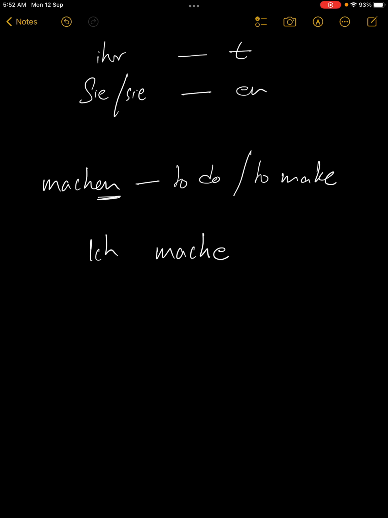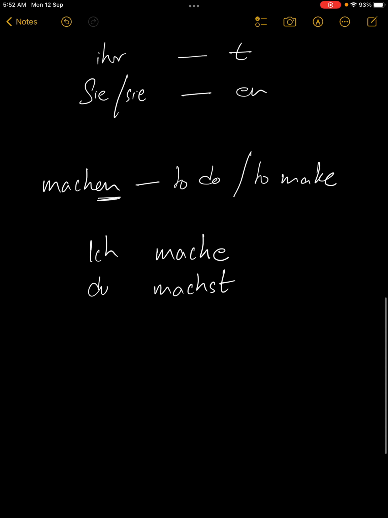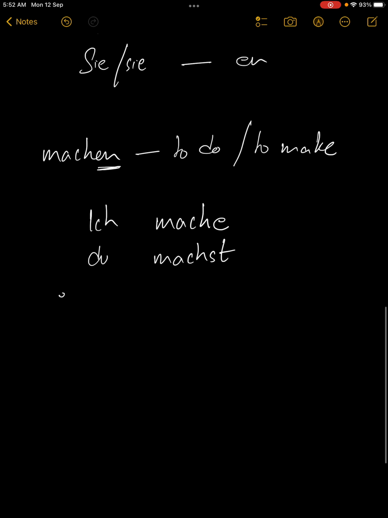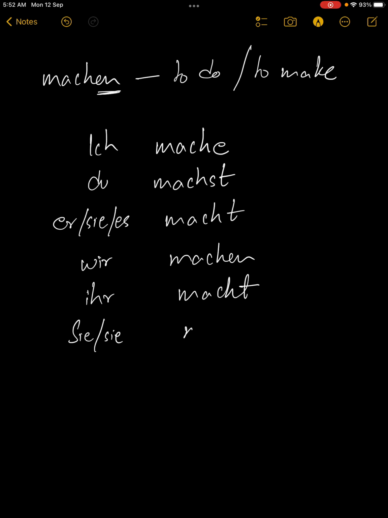If it's for du, that'll be du machst. You replace the ending en with st. In the same way, what do you think it would be for er, sie, es? That would become macht. Correct? Wir machen. Ihr macht. And sie machen.